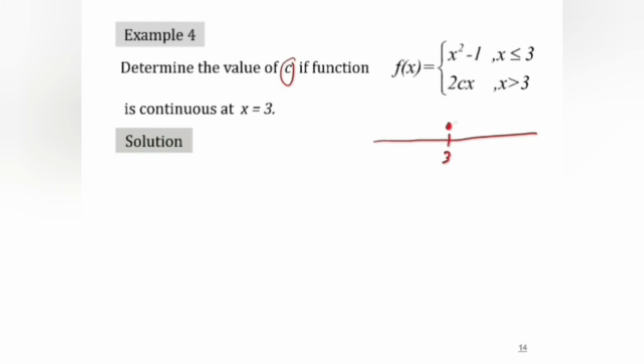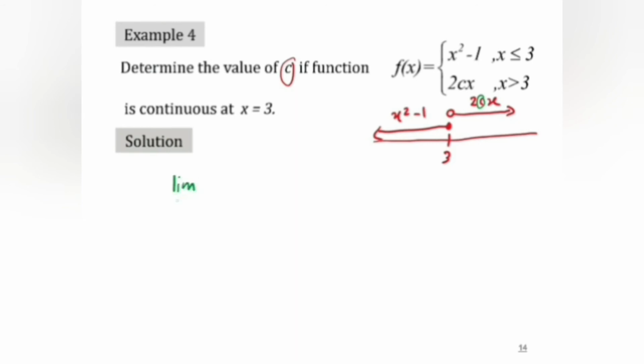For x equal to or less than 3, the function is x squared minus 1. For x greater than 3, the function is 2cx. And then to find the value of c, we know that the function is continuous at x equals 3.